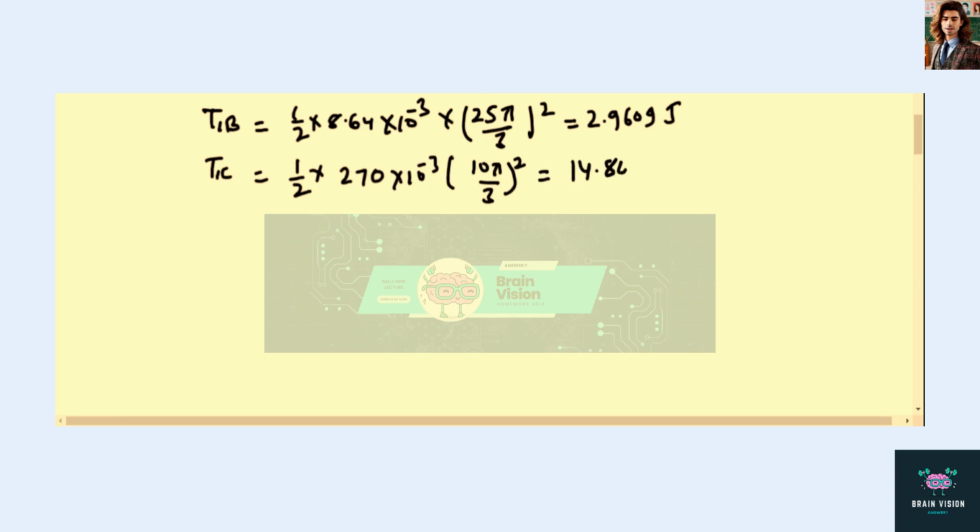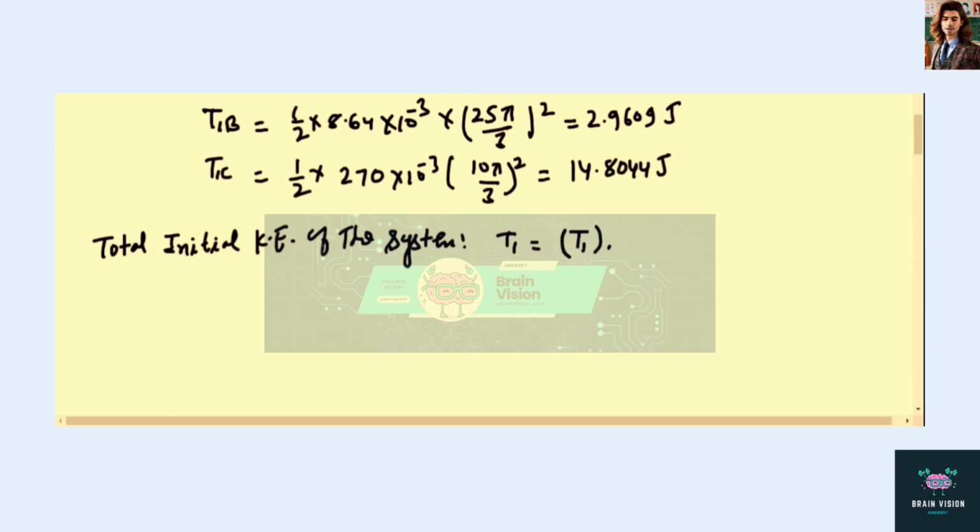So the total initial kinetic energy of the system, T1, is equal to T1A plus T1B plus T1C.